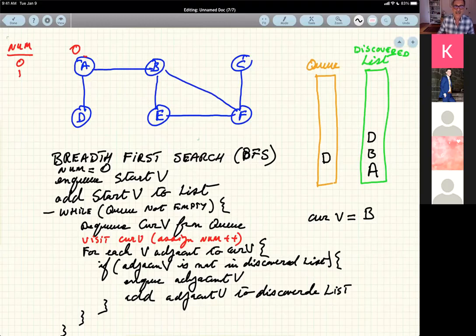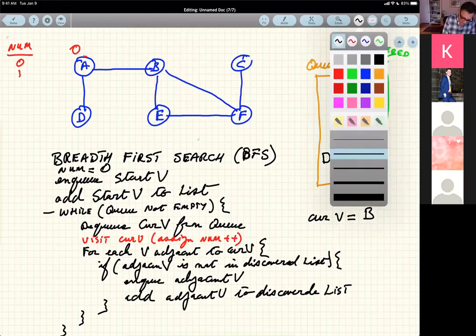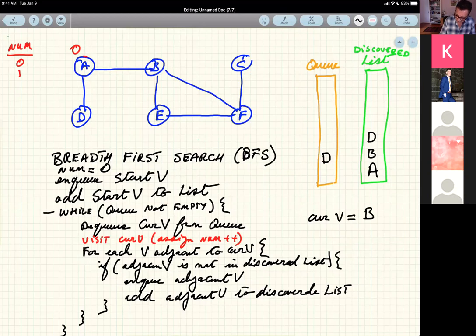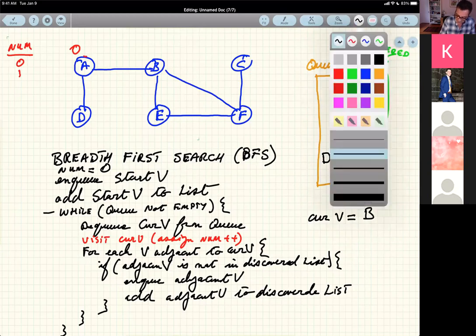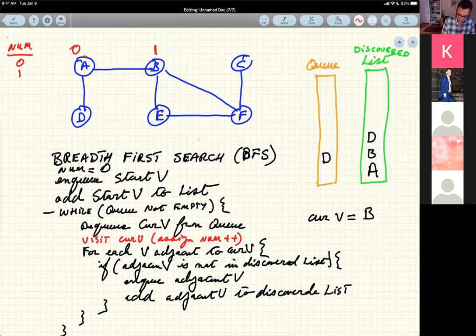Visit the current vertex. So B gets the number 1. I'm not going to do it this way because this is wrong. I'm going to just say visit the current vertex, which means give it the distance that it needs to get, and the distance that it needs to get is 1. That's the current number.